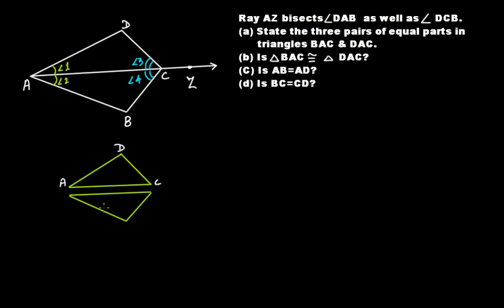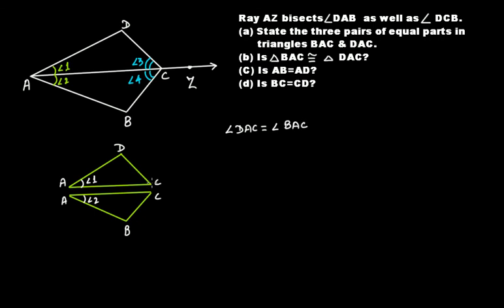ADC and ACB. I have just separated these two triangles. Okay. Now angle 1 is equal to angle 2. Angle, that is angle DAC is equal to angle BAC.